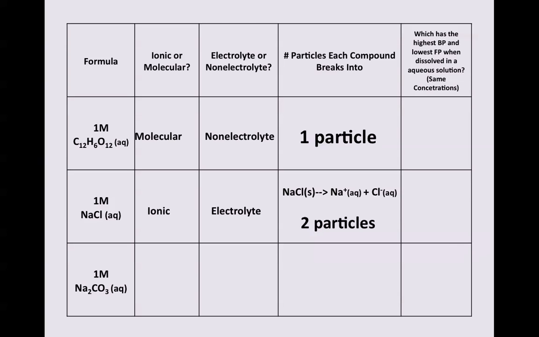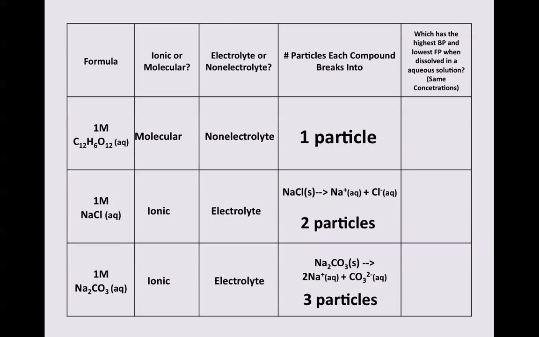However, I look at sodium carbonate on the bottom row. This is ionic as well, and it's an electrolyte. CO3 is a polyatomic ion that will stay together, but that 2 after the Na indicates I would have 2 sodiums. So Na2CO3 is going to break up into 2 sodium ions and 1 carbonate ion. So this gives me 3 particles.